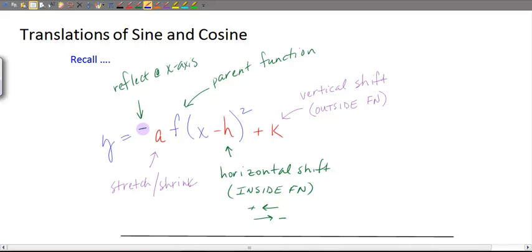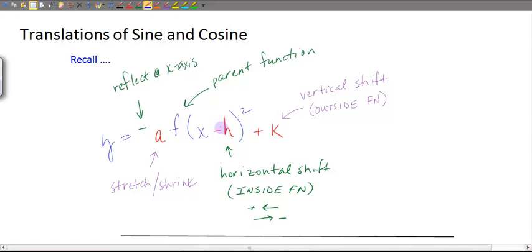For example, anytime there's a negative sign in front of the value of a, we're talking about reflecting or flipping across the x-axis. The a also shrinks or stretches the graph. We also had a number inside the parentheses, which stood for a horizontal shift, in other words moving left or right, and it was never the same sign as what it appears.